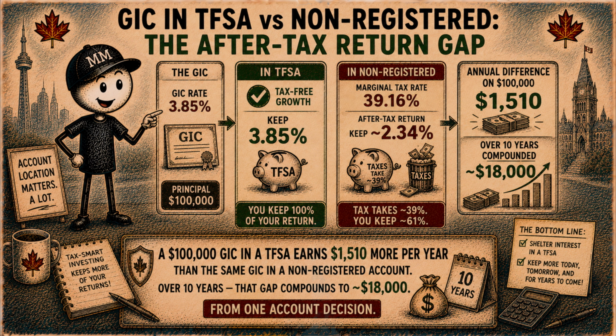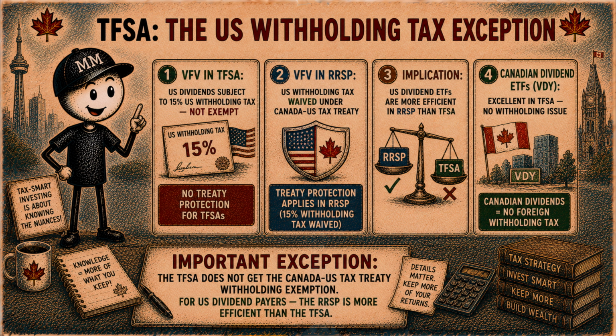U.S. dividend-paying ETFs like VFV also benefit enormously from the TFSA, no U.S. withholding tax recovery complexity, and no Canadian tax on the dividends received. Note, there is one important exception. U.S. dividends inside a TFSA are still subject to the 15% U.S. withholding tax.